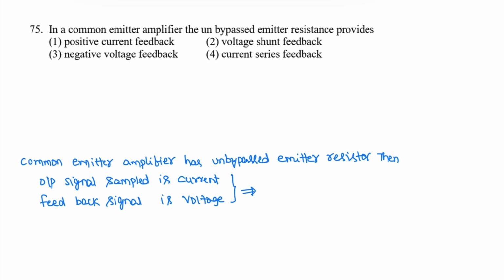Next question. In a common emitter amplifier, the unbypassed emitter resistor provides... If a common emitter amplifier has an unbypassed emitter resistor, then the output signal sampled is current, and the feedback signal is voltage.